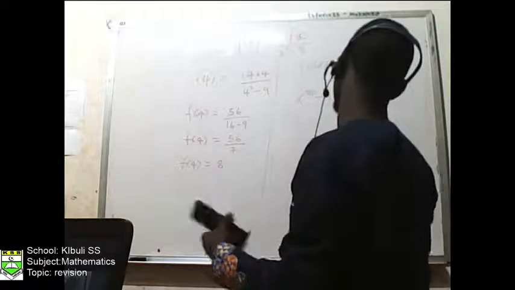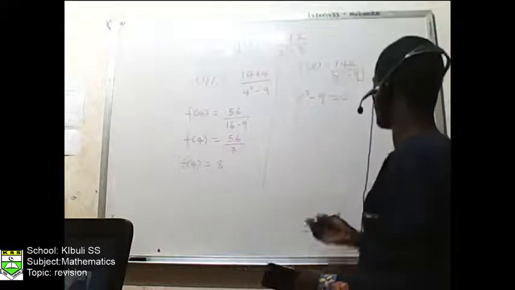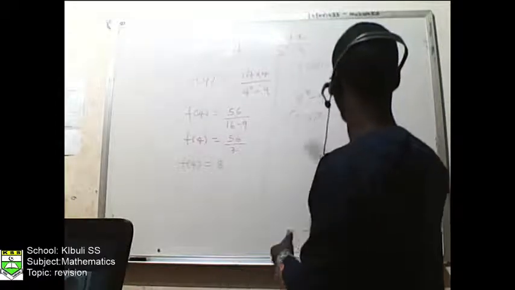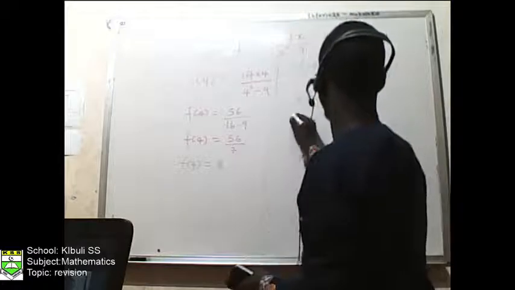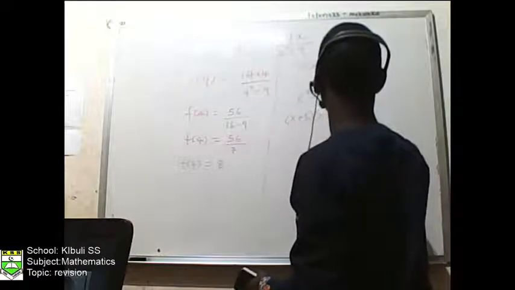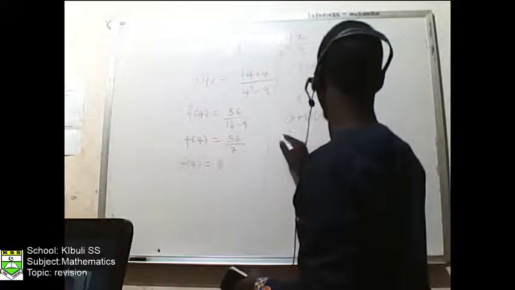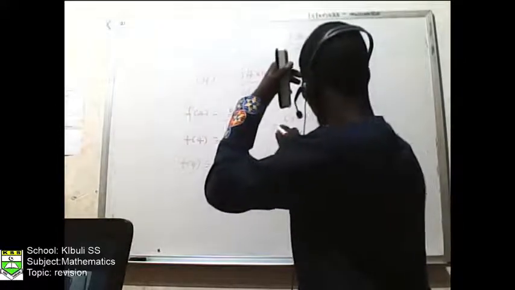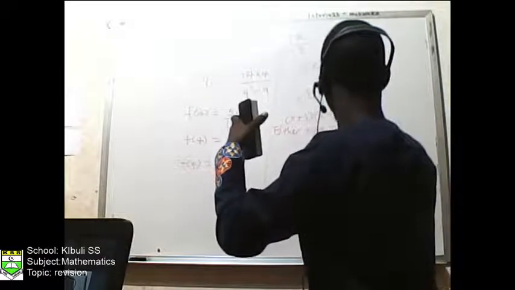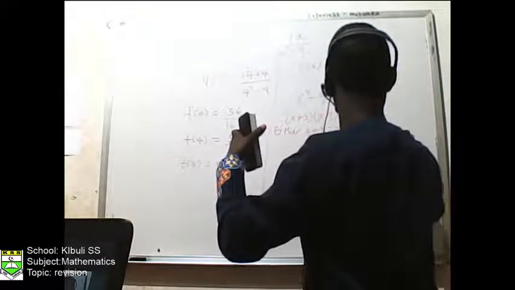You can use two methods here. You can use the difference of two squares, which will be x plus 3, x minus 3. I can say that x plus 3, x minus 3 is equaling to 0, and say that either x plus 3 is equaling to 0, or x minus 3 is equaling to 0.